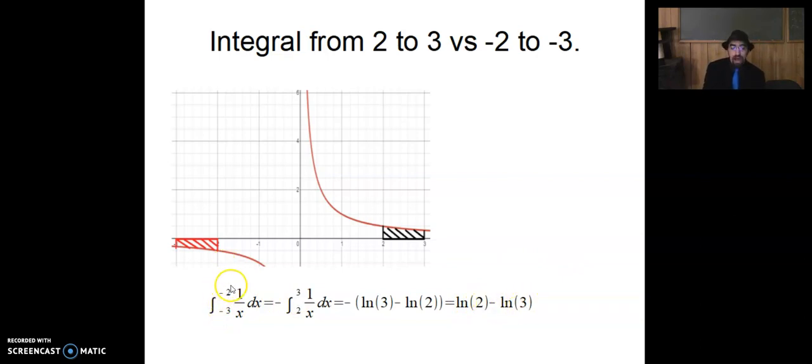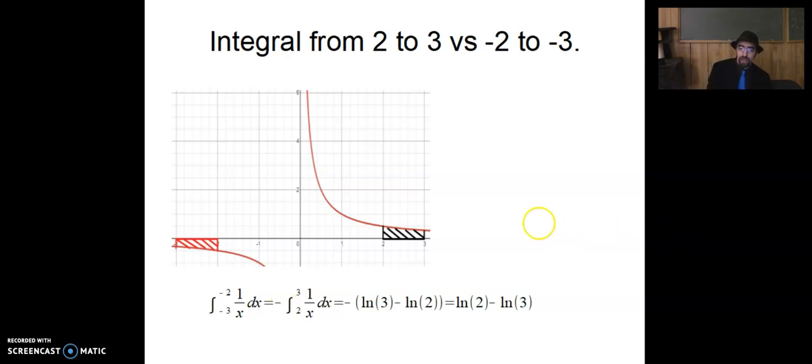In other words, I can just take the absolute values here. It works in that case. And there's nothing special about the numbers 2 and 3 that make this work. Any two positives, and integrating between the corresponding negatives, will still work.